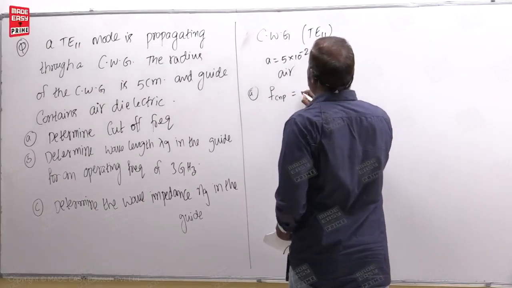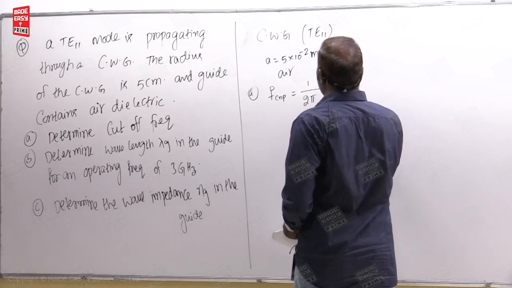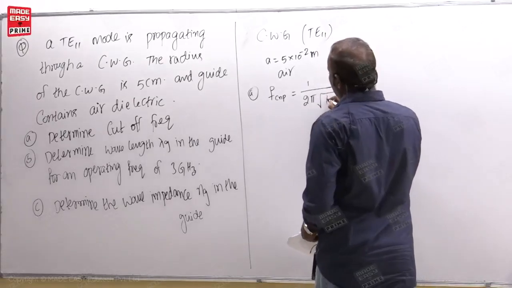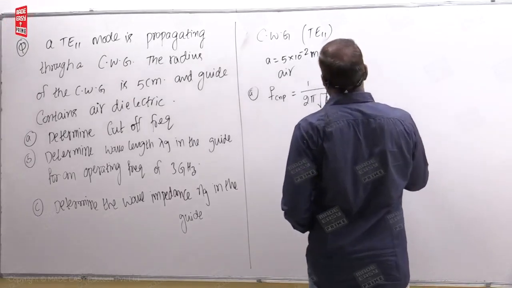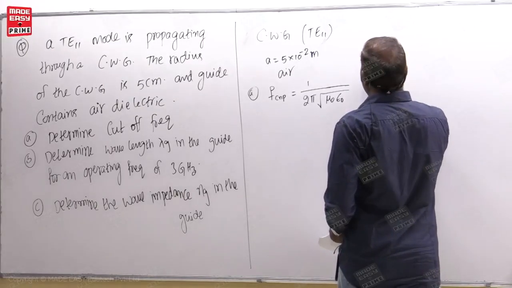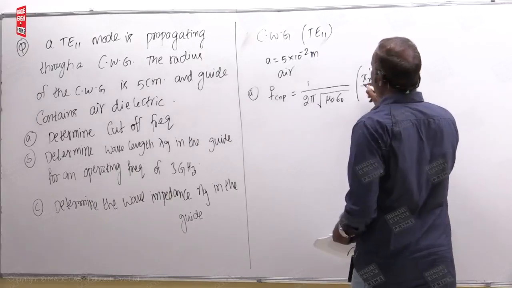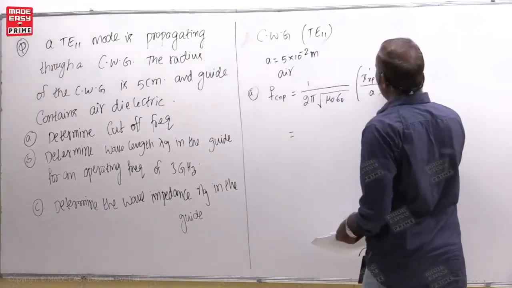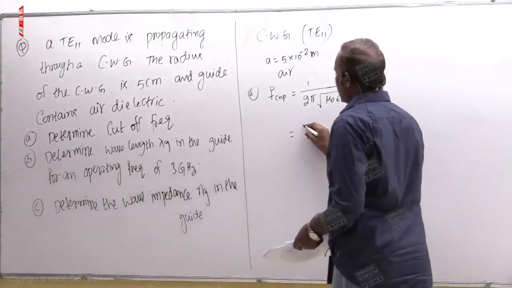fc np is equal to 1 by 2 pi root mu epsilon, but for air medium mu naught epsilon naught, times x np dash divided by a. I kept the root whole square for easy remembrance.